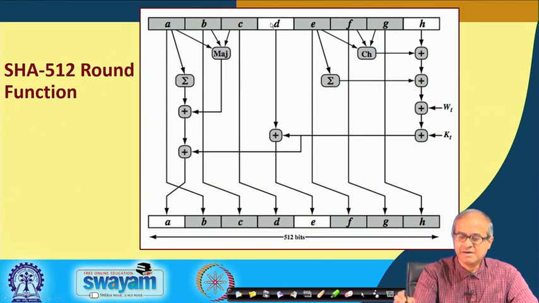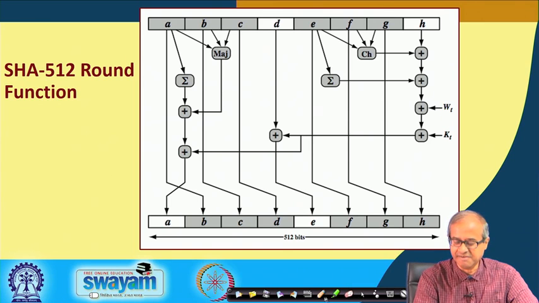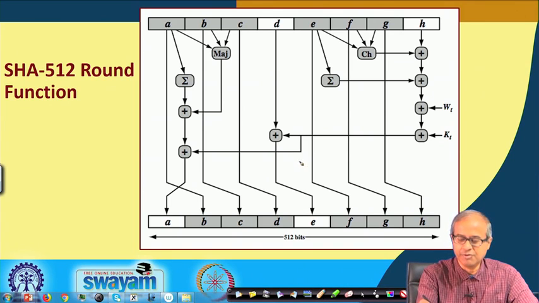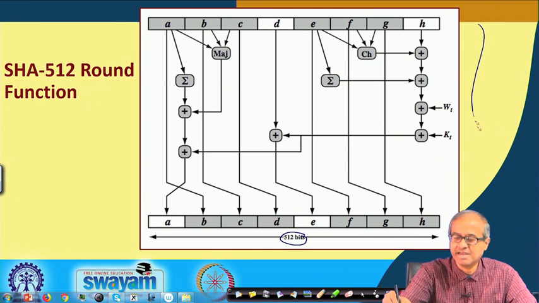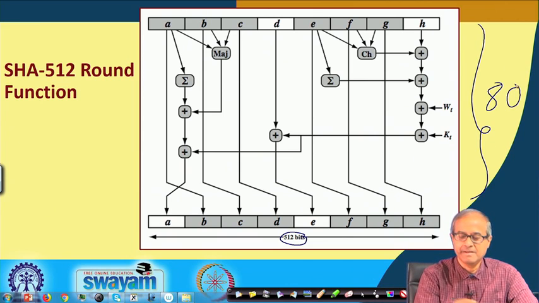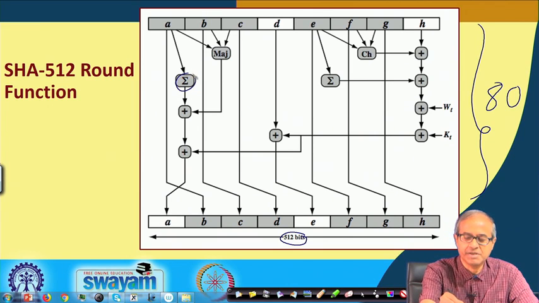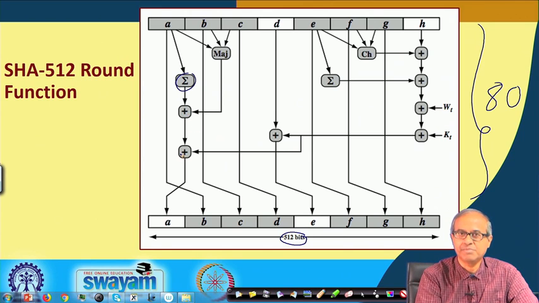So, just a bird's eye view of the round function, what is happening inside that function f. I am not going into the details of the explanation. This is the 512 bit buffer I was talking about. There are some modifications going on, and this iteration is carried out 80 times. There are a lot of operations: sigma operations, a majority operation, some bitwise XOR operations, this plus means bitwise XOR.